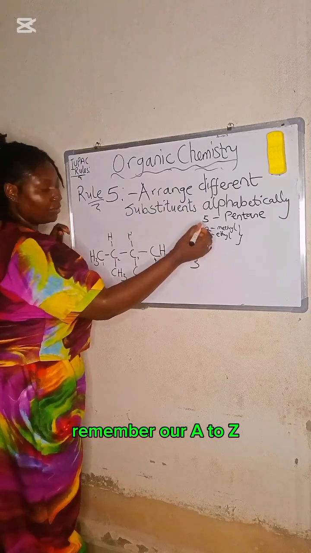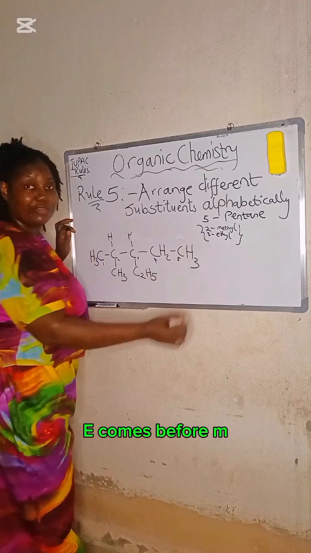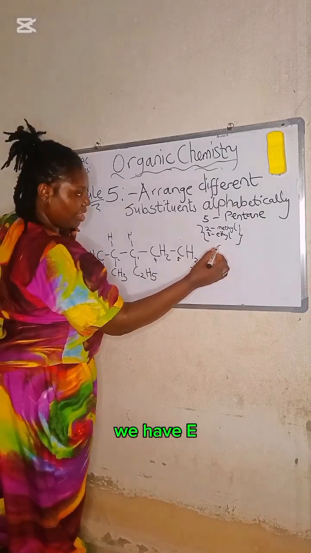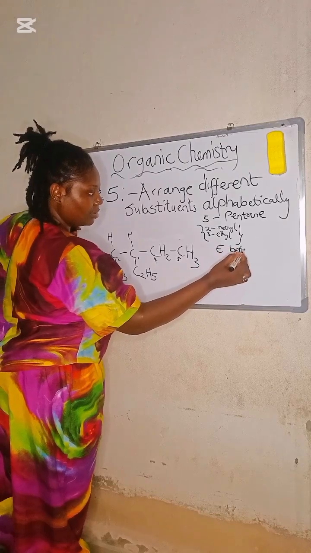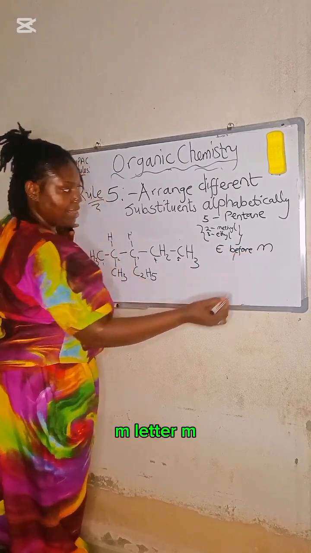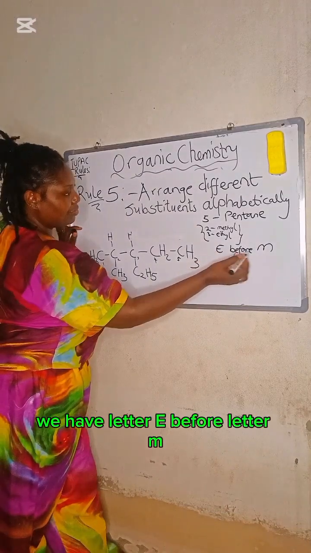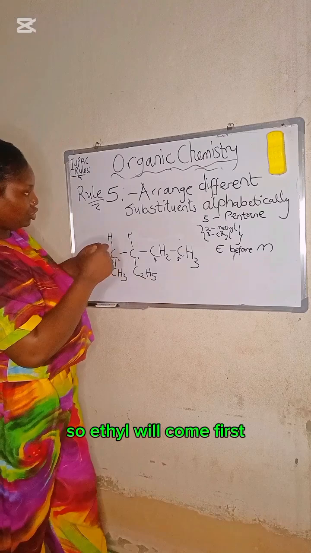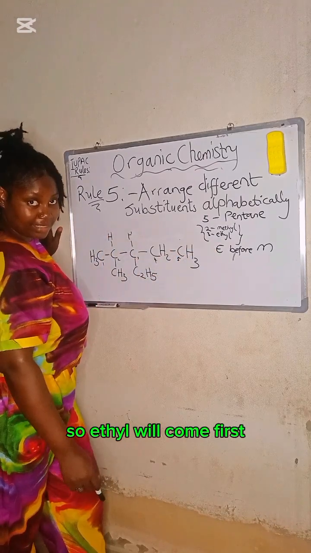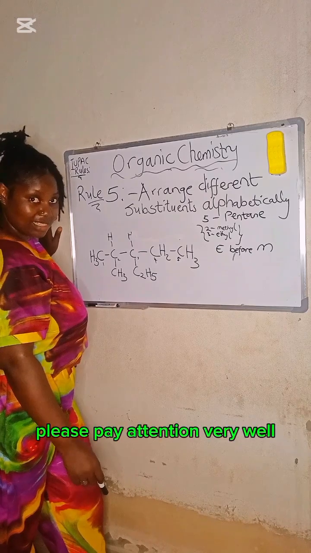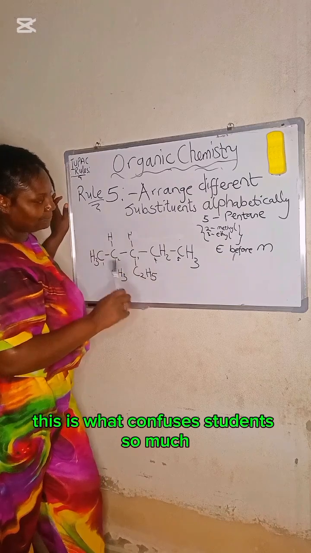Remember our A to Z. E comes before M. We have letter E before letter M. So ethyl will come first. Please pay attention very well. This is what confuses students so much.